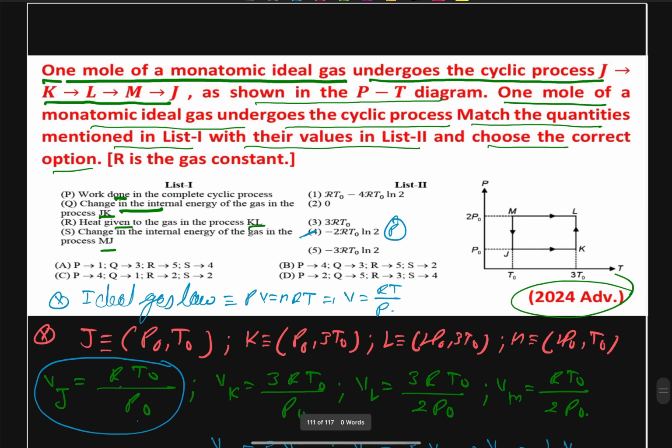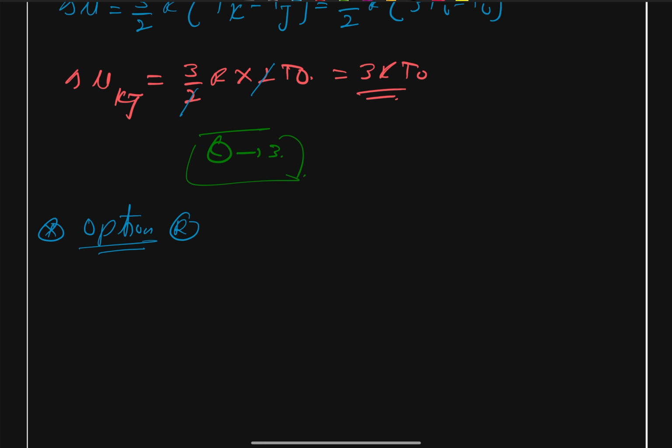And next is our heat. So we have option R, and it says heat in the process KL, and KL process is our isothermal.